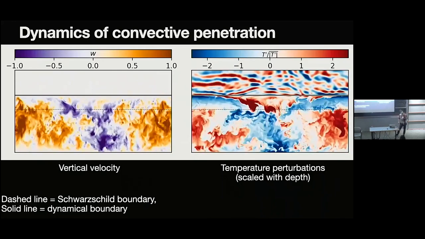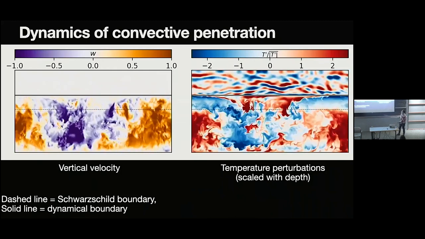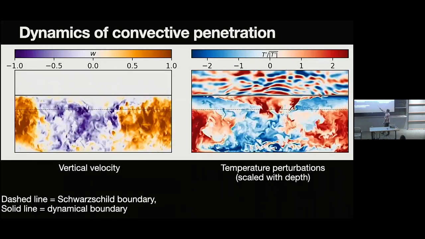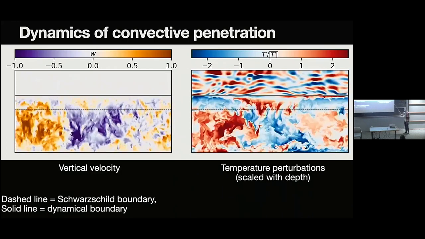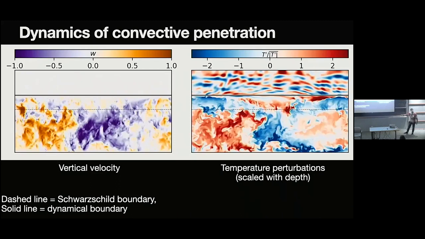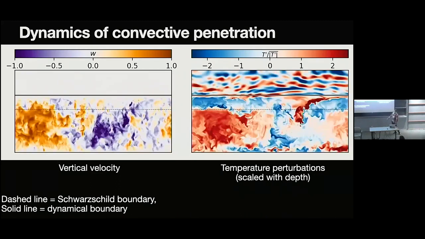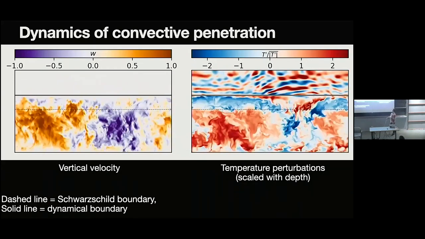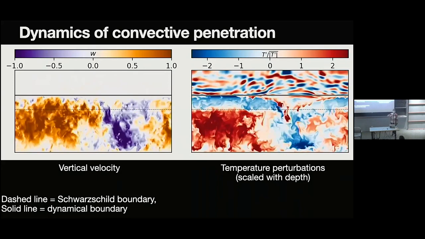We let it evolve, we let a penetration zone develop. This is the evolved state. On the left, we have the vertical velocity. Orange goes up, purple goes down. On the right, we have temperature perturbations compared to the background. So red is hot compared to its surroundings. Blue is cold compared to its surroundings. This is the buoyant variable. So red things want to accelerate up, blue things want to accelerate down.